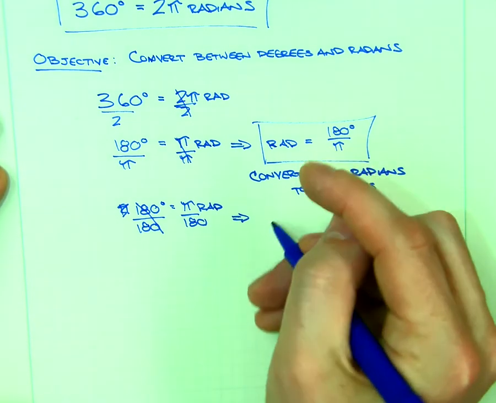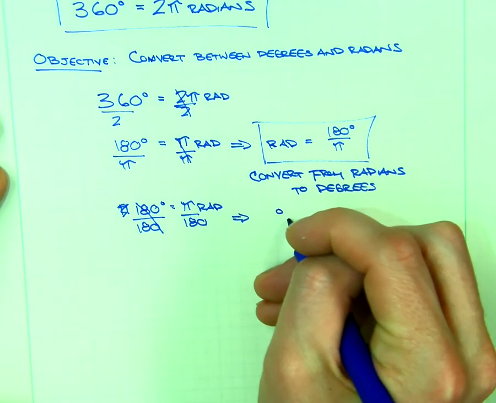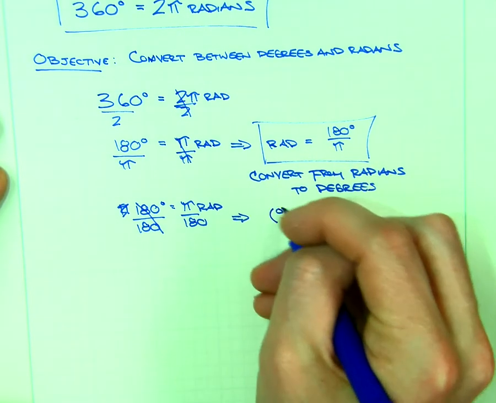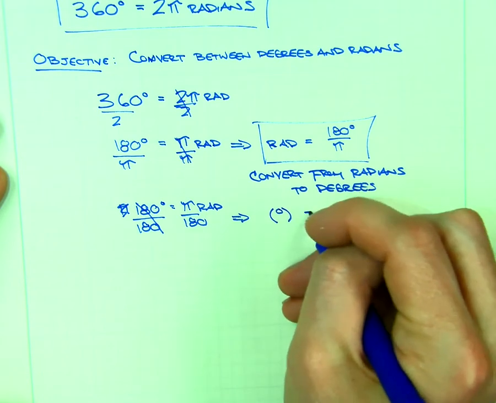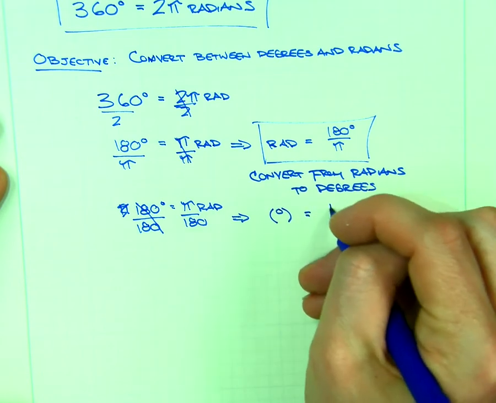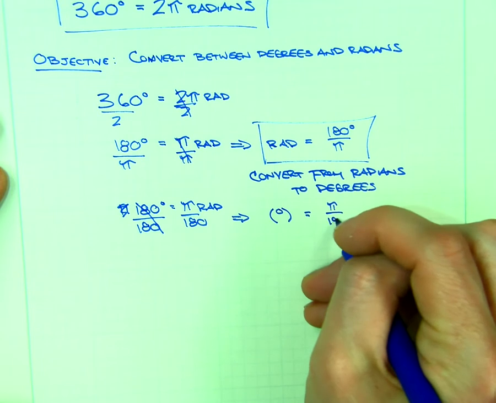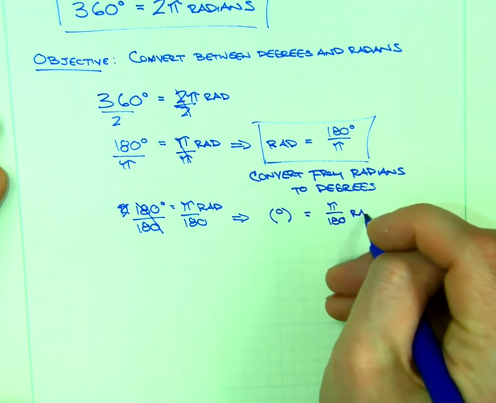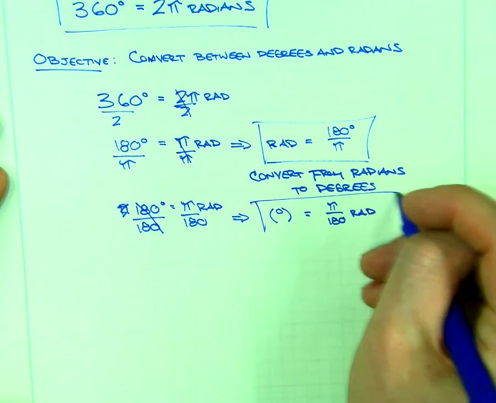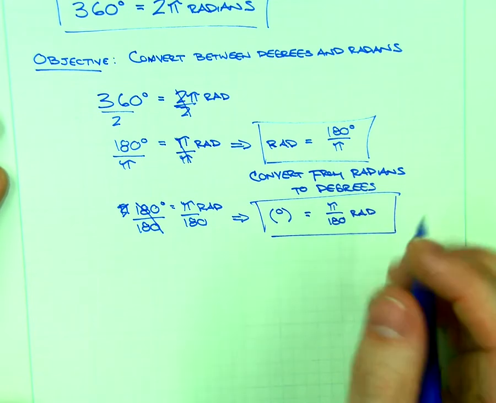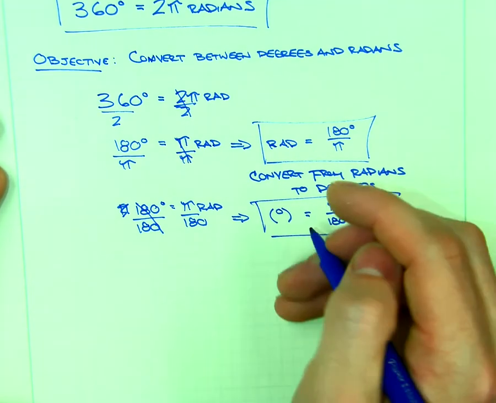So the same thing is flipped. And so we can say degrees, the little degree symbol, I'm going to put it in parentheses here, is going to be equal to pi over 180 radians, pi over 180 rad. And so go ahead and put a box around this one, and this is how you convert from degrees to radians.